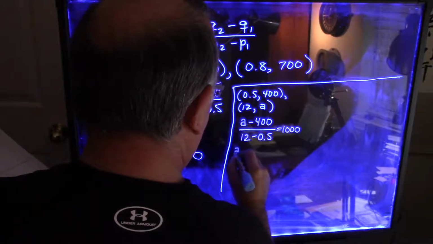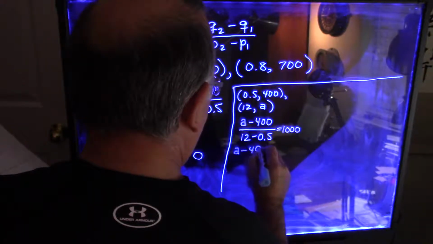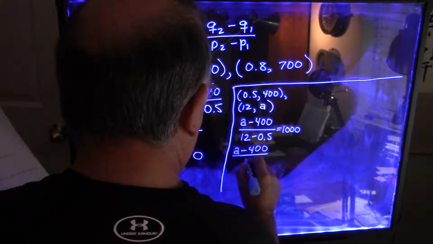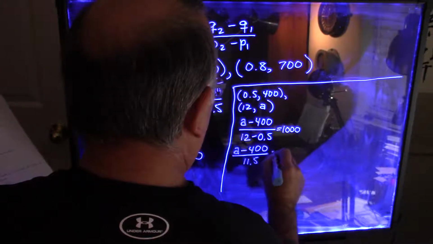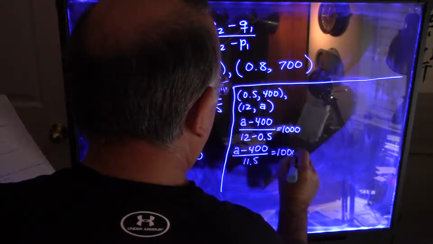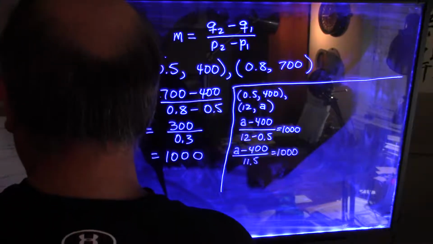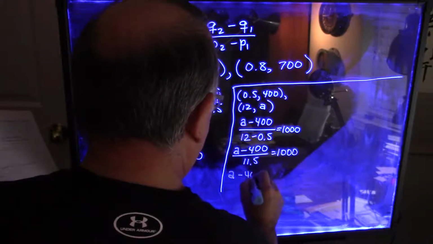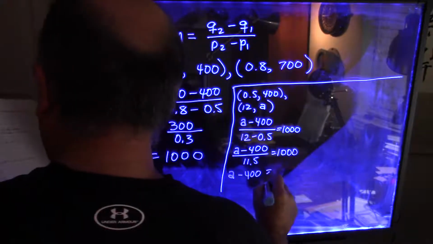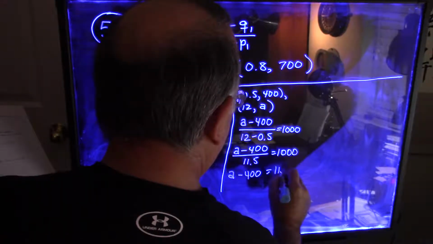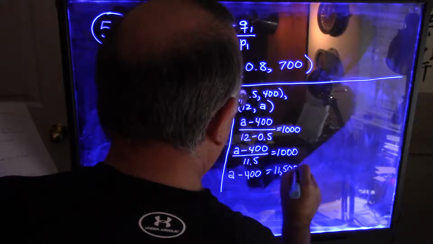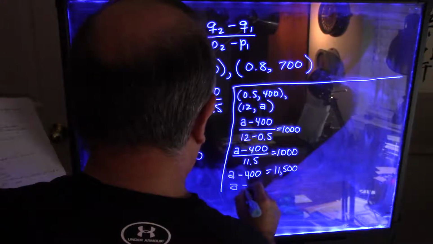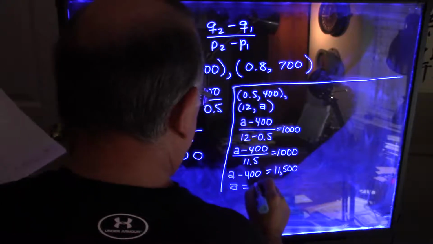So we've got a minus 400, and simplify the denominator a little bit, over 11.5 equals 1,000. Multiply both sides by 11.5, so you have a minus 400 equals 11,500. Add 400 to both sides and you end up with a is equal to 11,900.